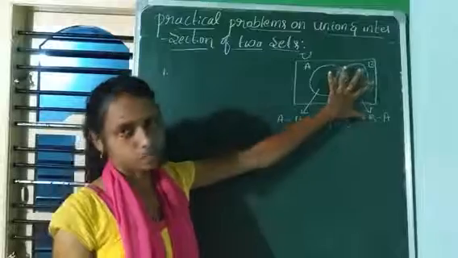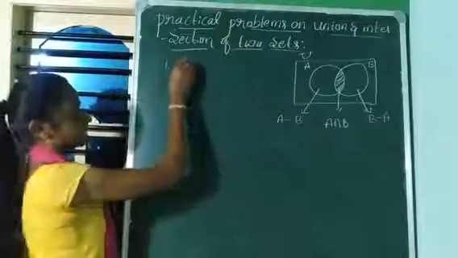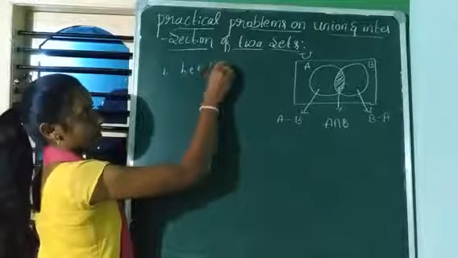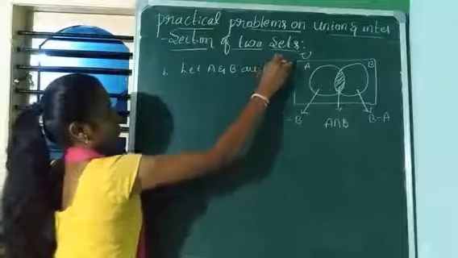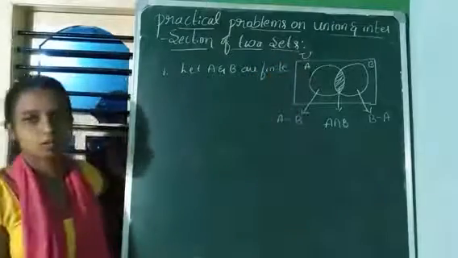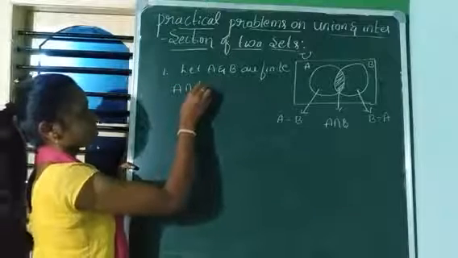So with the help of this diagram, I can write a few problems. Before that, let A and B be finite. Finite means countable. Let A intersection B be null.